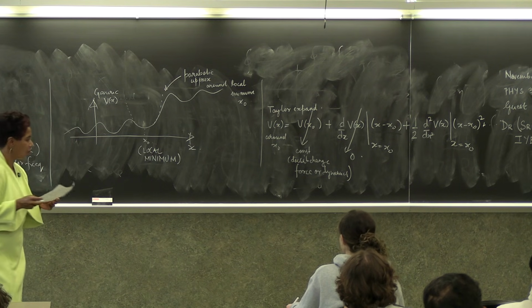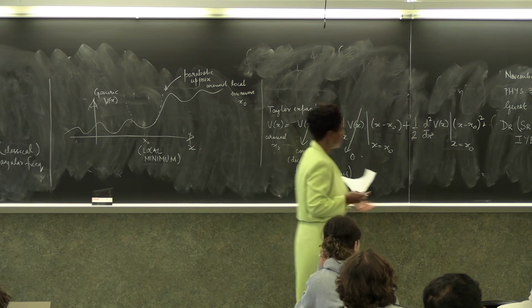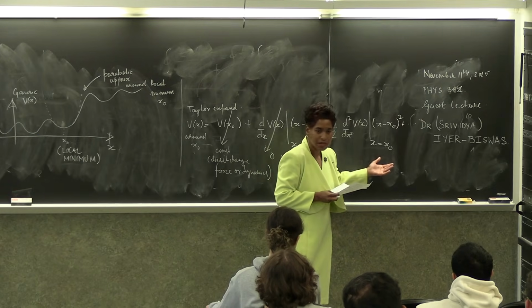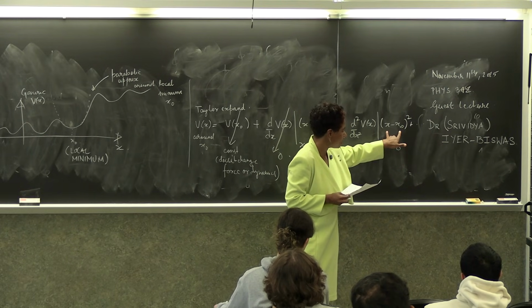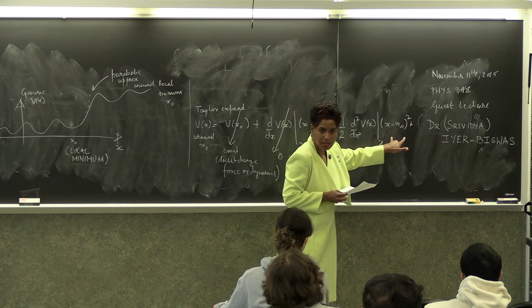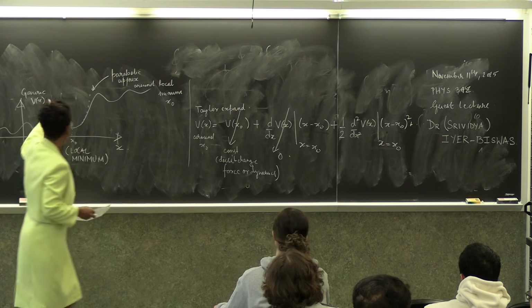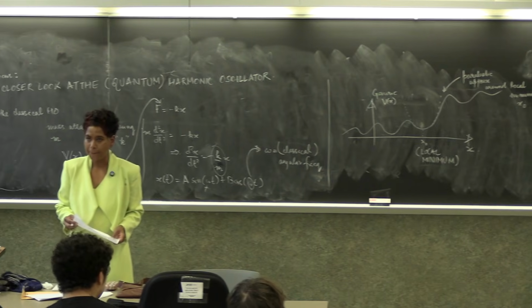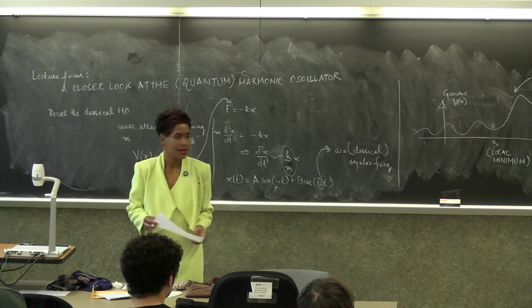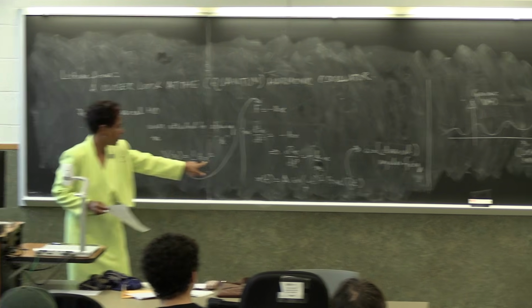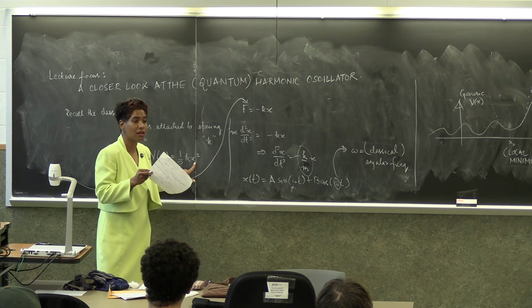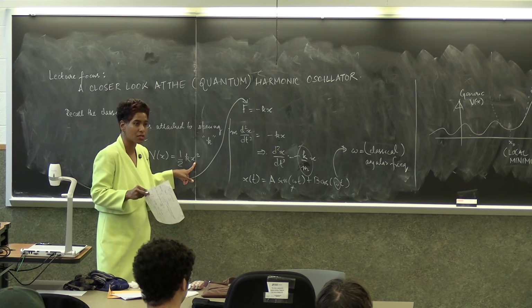And what about the second term? It's our first non-zero or non-trivial term, and it's quadratic in x minus x0, and that is this parabolic approximation. Everybody remember parabola goes as x squared? Parabolic. And that is why we obsess over the simple harmonic oscillator.